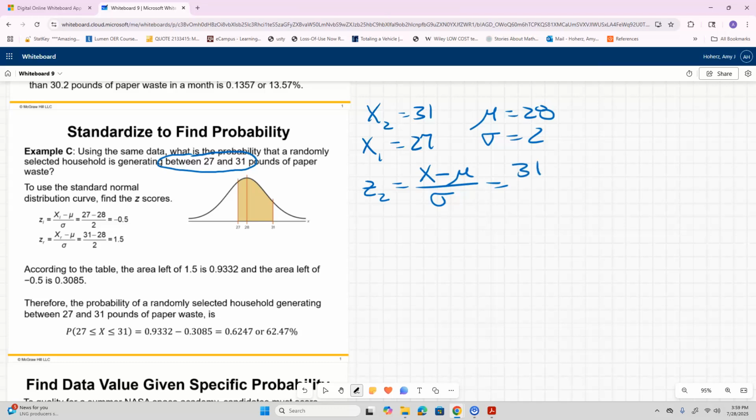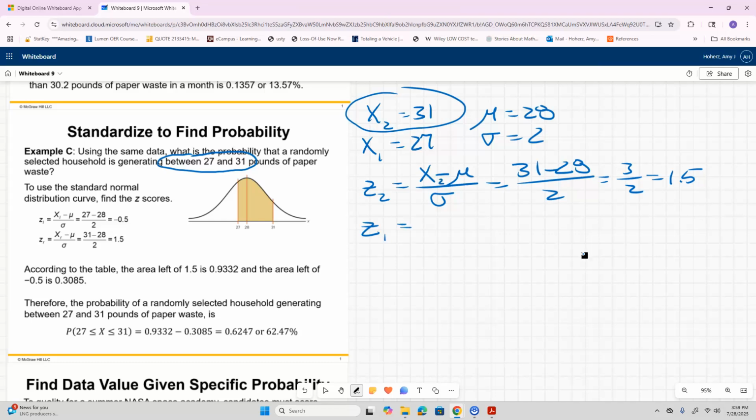So our x is our 31 right here. Our mu is 28, and our sigma is 2, and that gets us 3 over 2, which is 1.5. And then we need to do that for the other value, for the x1, to get our z1.